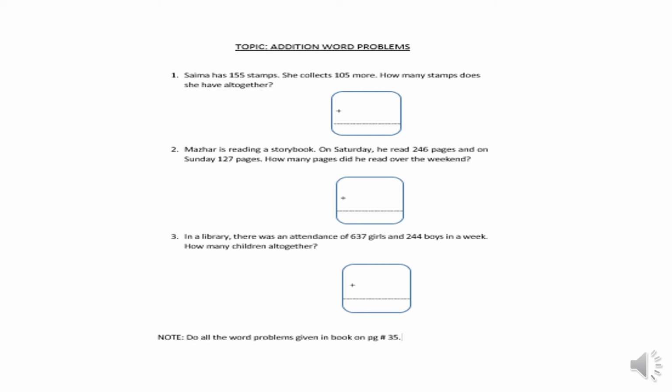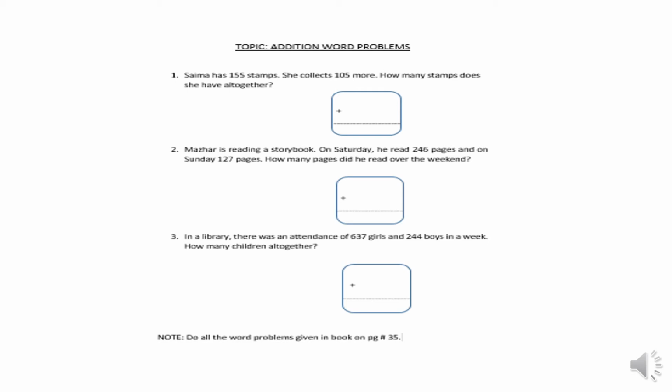You have to find out the total number of pages he has read over the weekend. So you will add these two 3-digit numbers, 246 and 127. In the same way, you will write these two numbers in the box given below.